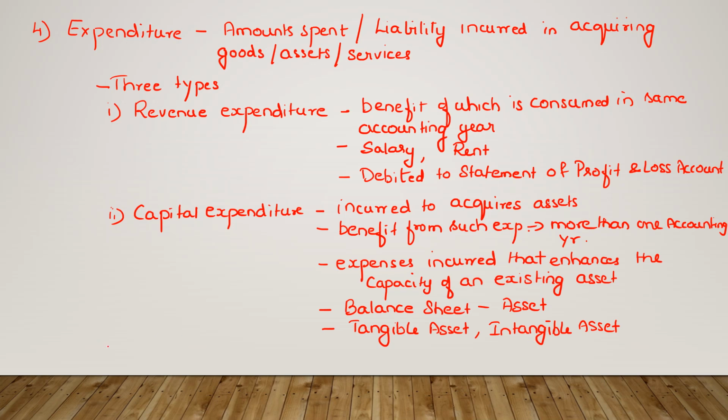Now moving further, the third type of expenditure that we have is called deferred revenue expenditure. Now what is deferred revenue expenditure? From the term only we can see that it has the term revenue expenditure. So basically it is a revenue expenditure.